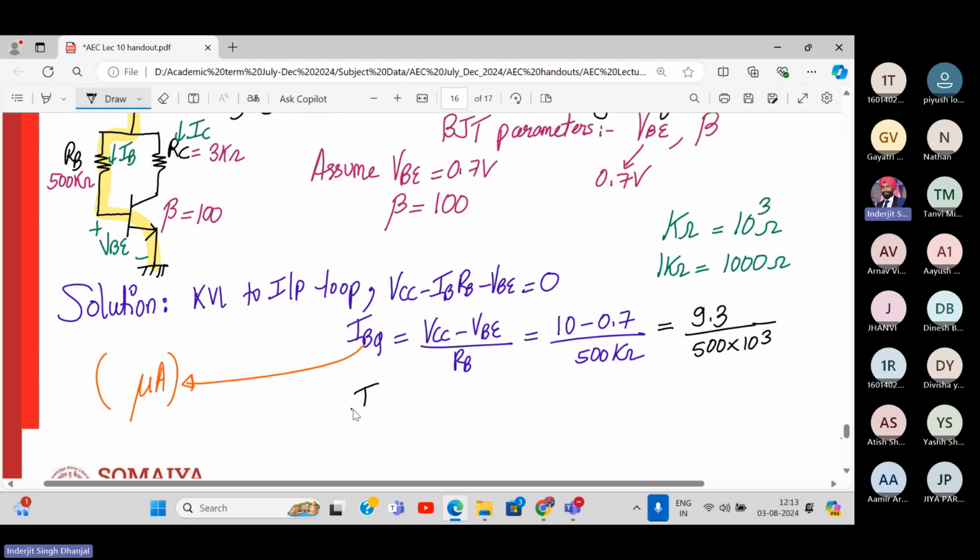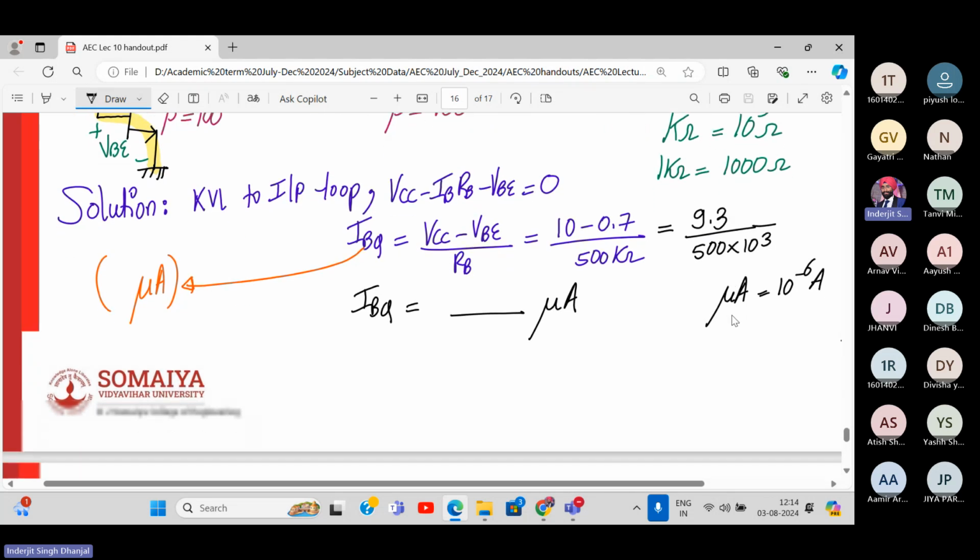Tell me in microamperes. Microamperes means 10 raised to minus 6 amperes. What are you getting in your calculators? No, 0.2, no. It will be 9.3 divided by 500K. Don't approximate.